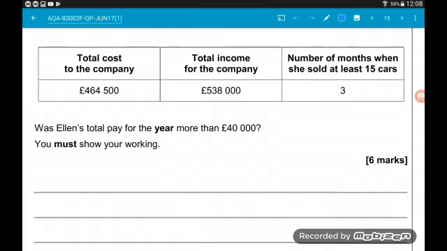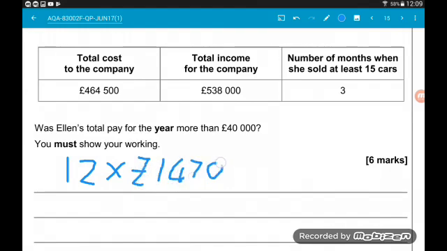So, big question, let's break it down. We know, first of all, her monthly salary without bonuses or the percentage of profit is 1,470. So, we know through the year she's going to at least make 12 times 1,470. So that gives us £17,640.